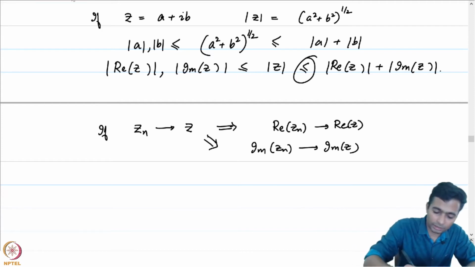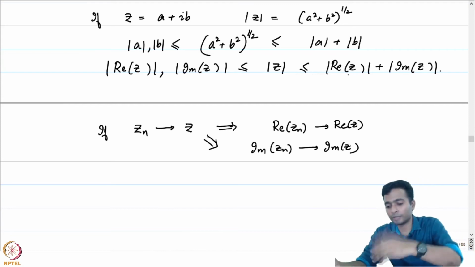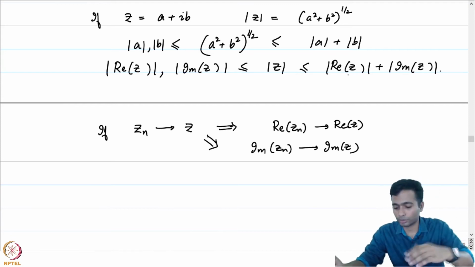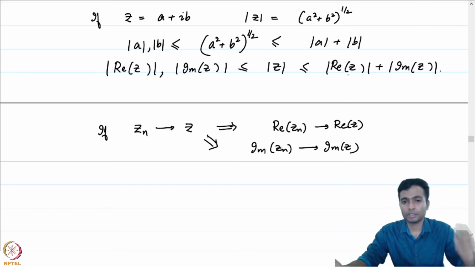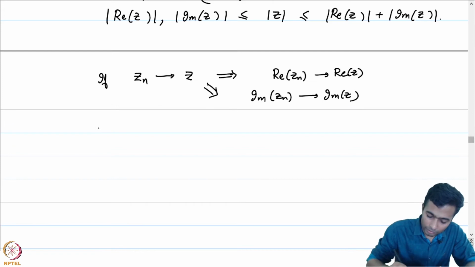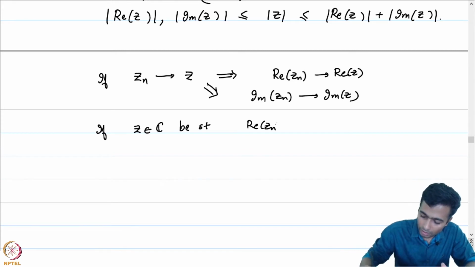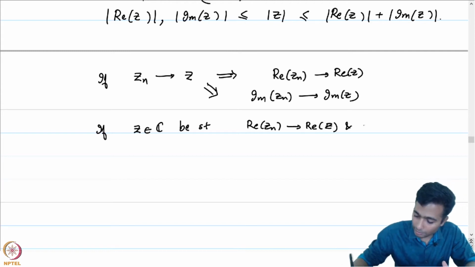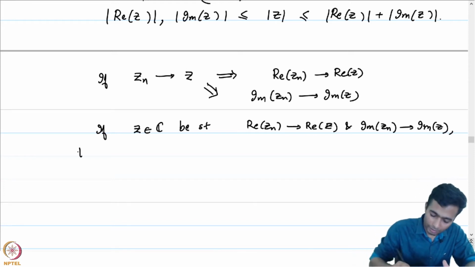And this inequality tells us that if the real part of Zn and the imaginary part of Zn simultaneously converge to the real part of Z and the imaginary part of Z, then Zn converges to Z. So if Zn in C is such that the real part of Zn converges to the real part of Z and simultaneously the imaginary part of Zn converges to the imaginary part of Z, then Zn converges to Z.